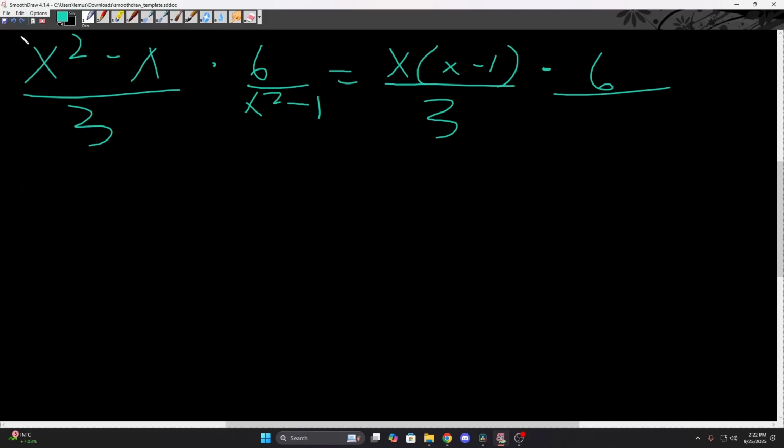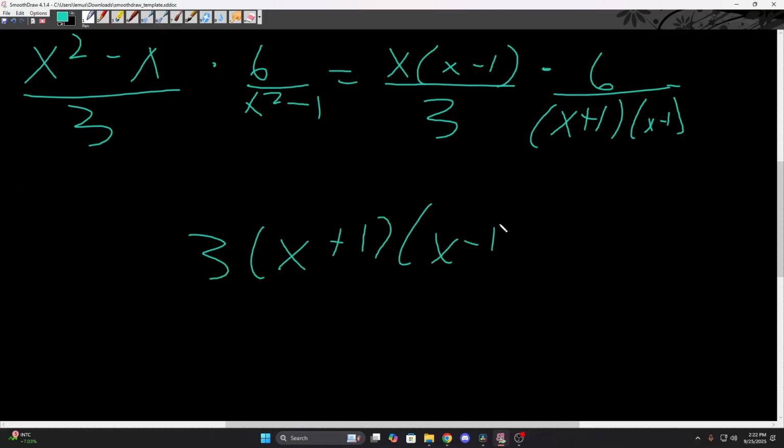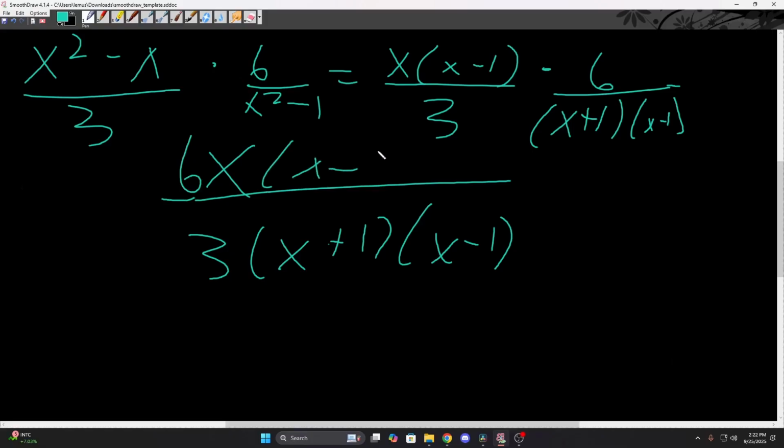X squared minus 1, right? So it would just be x plus 1 times x minus 1. Now you just multiply them, so then you should get 3 times x plus 1 times x minus 1, right, as the denominator, and then 6x times x minus 1.